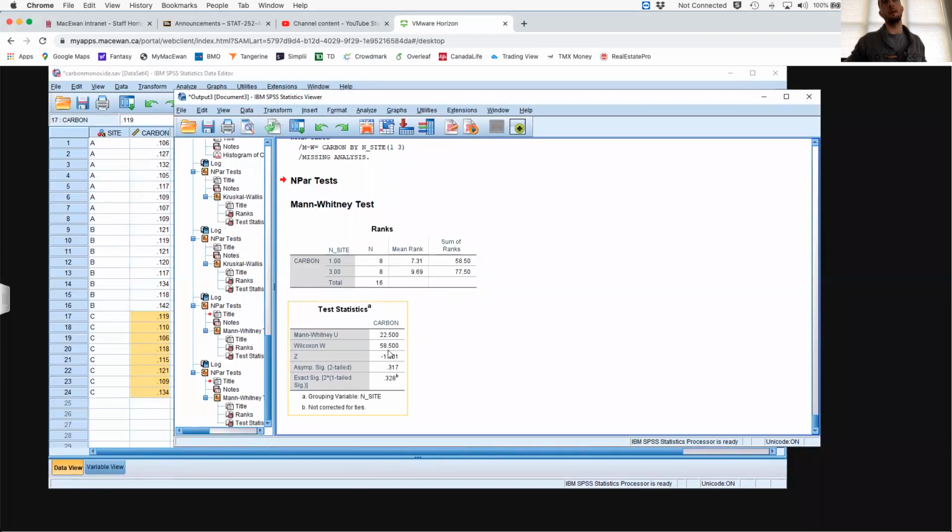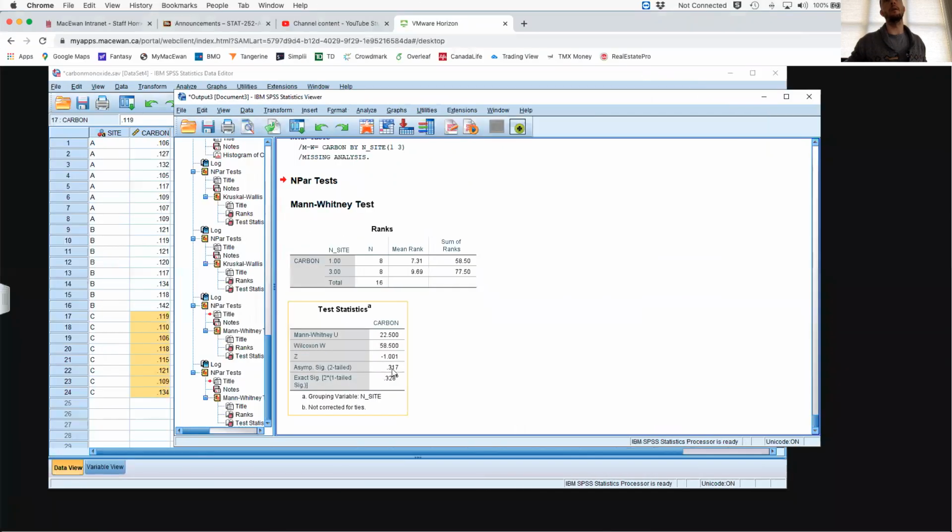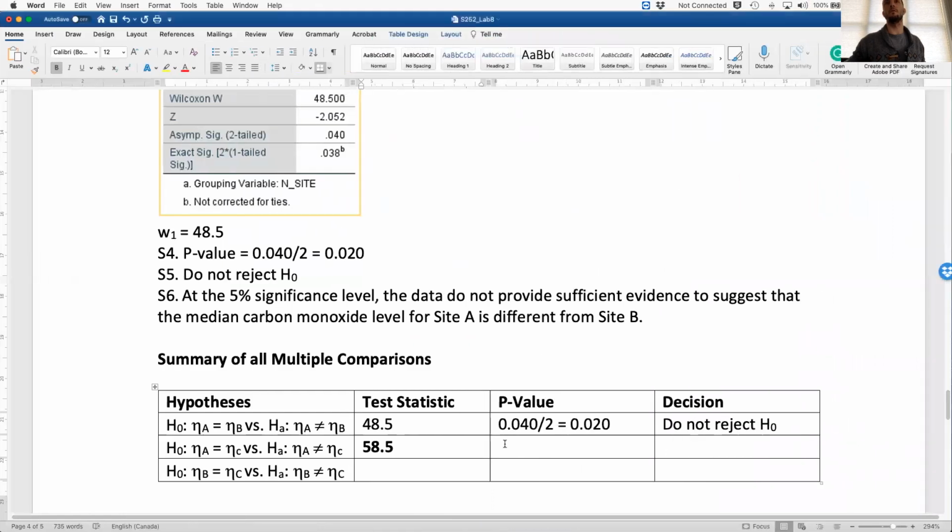Okay, so the output here is 58.5. The p-value is 0.317 over 2. All right. That would be equal to 0.16.